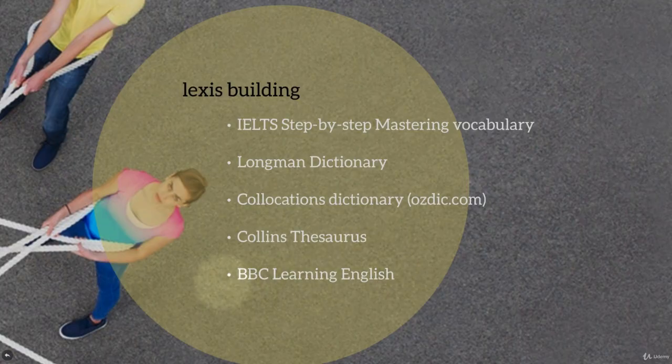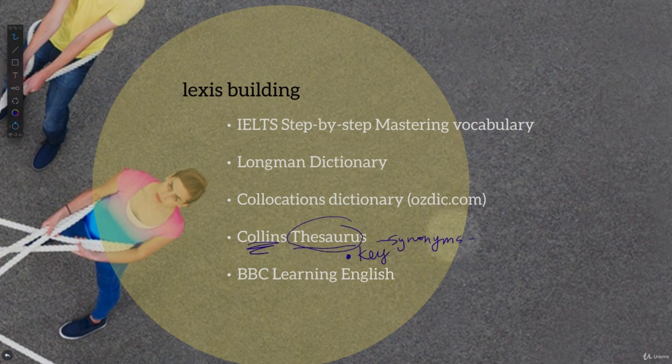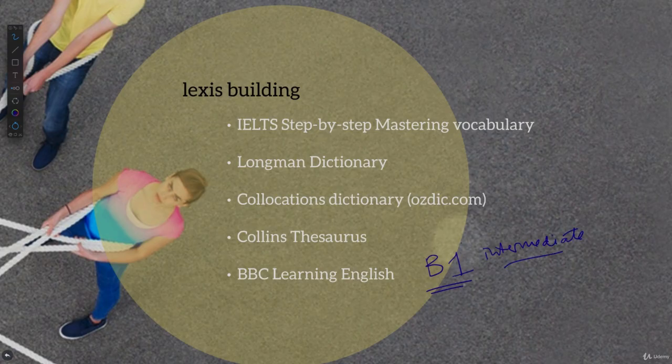Now the last one that I would like to look at is the BBC Learning English website. Some of you may feel that your level of English isn't quite good enough to keep up with the work that I'm expecting from you here. This is a B1 level course, so you're an intermediate when you start this course, but you will be expected to get at least to B2 quite quickly, okay, as we go.